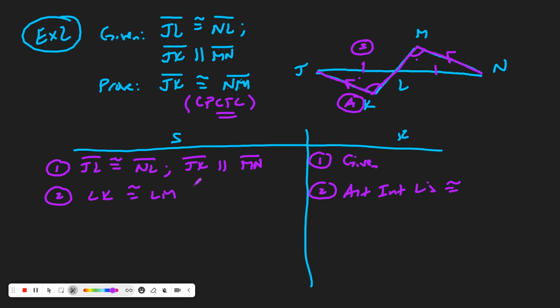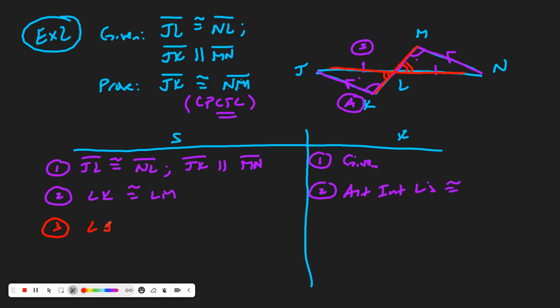Well, if you look how the triangles interact with each other, right, they interact on these lines that are crossing. Remember that intersecting lines form vertical angles here and here. And those vertical angles will be congruent. So if we name them, I'm going to name this angle right here, JLK.